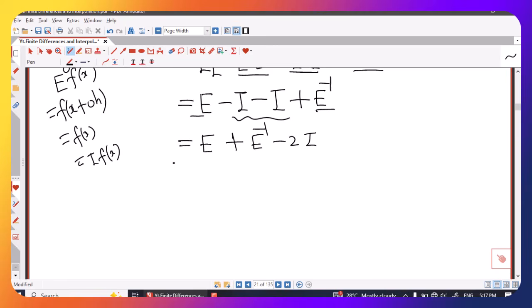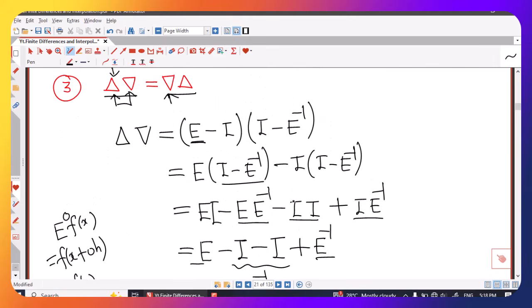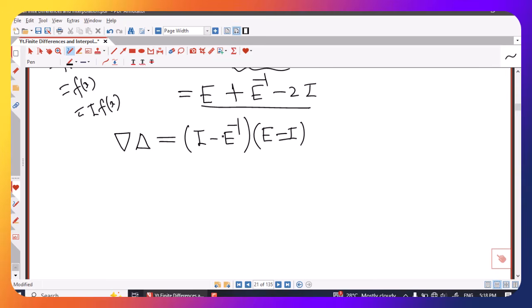Now we can show that if we find nebula into delta, then also we must get the same quantity. Nebula is I minus e to the power minus 1, delta is e minus identity operator. Let me check again. Nebula is I minus e inverse, this is e minus I. So now I multiply directly I with this.